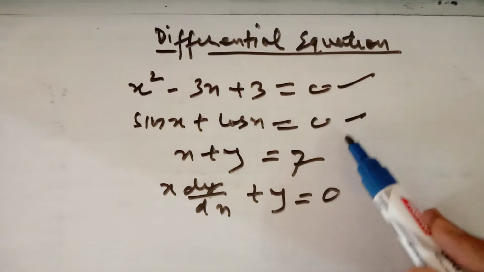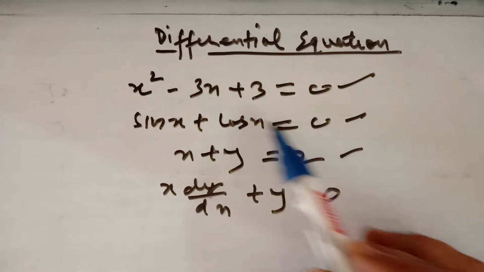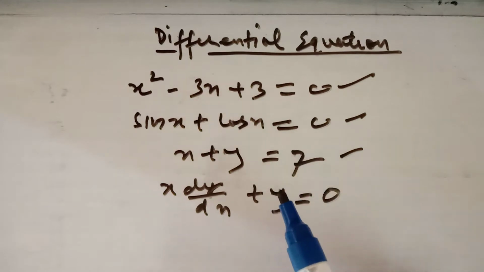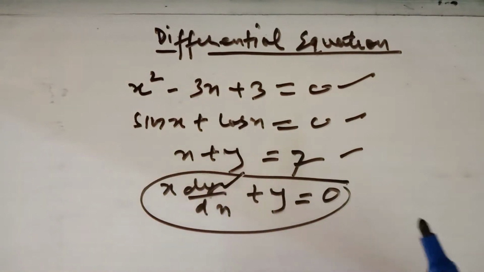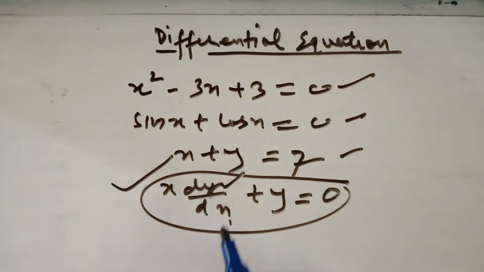Now, these equations do not contain the derivative of the dependent variable with respect to the independent variable. Whereas in this equation, the dependent variable is differentiated with respect to the independent variable, that is x. So this is known as a differential equation.